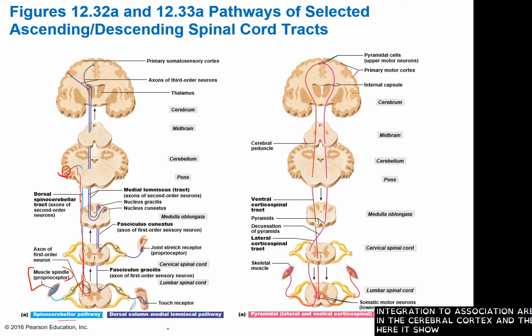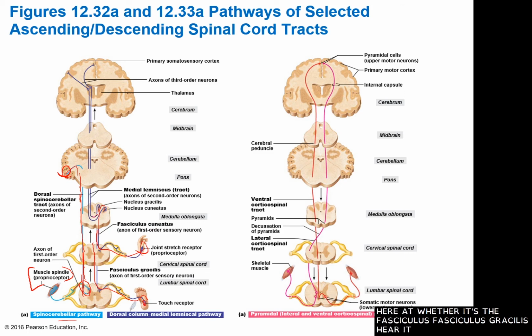And then here it's showing the dorsal column medial lemniscal pathway. This is just a touch receptor like on your foot and a joint stretch receptor on your hand, and just showing how it can integrate up different pathways here, whether it's the fasciculus cuneatus or fasciculus gracilis.